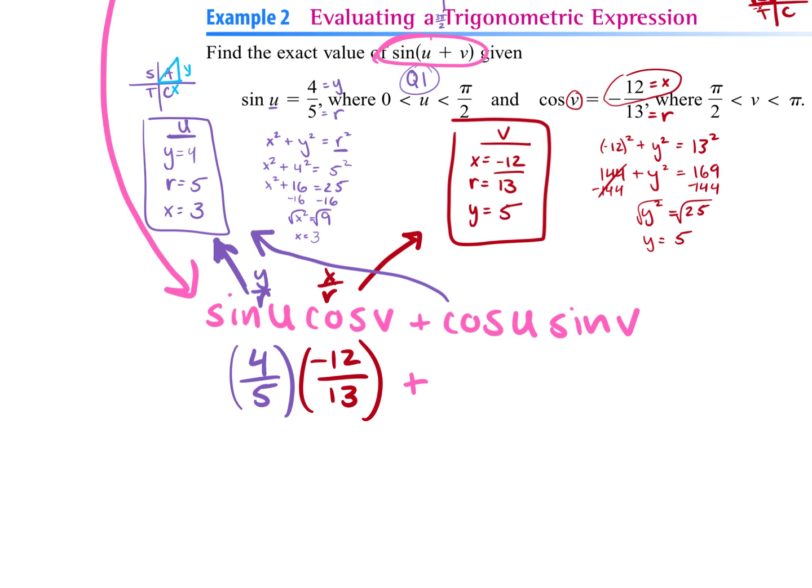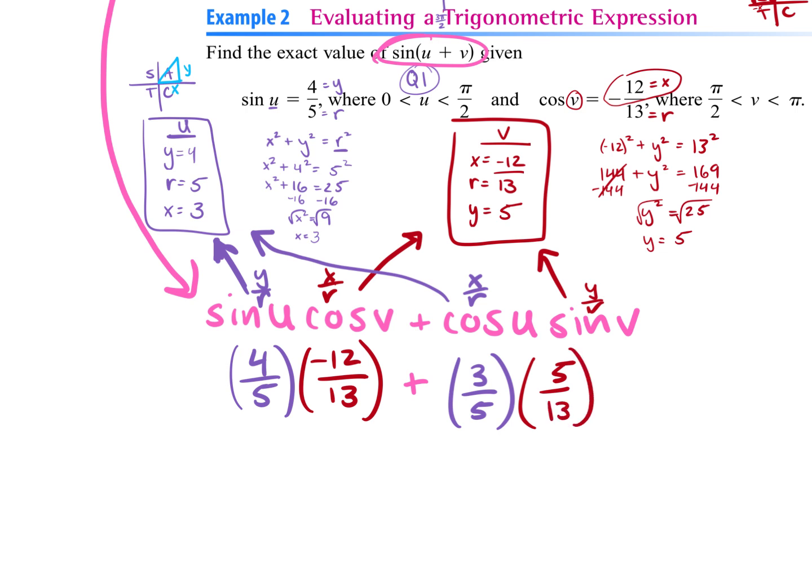Cosine's what over what? X over R, so our X was 3 and R is 5. And then sine of V, we look at our V triangle here. Sine is what over what? Y over R. So our Y was 5 and our R is 13.